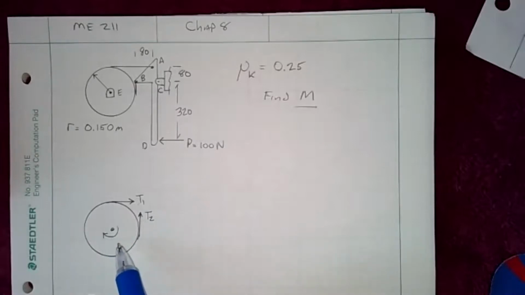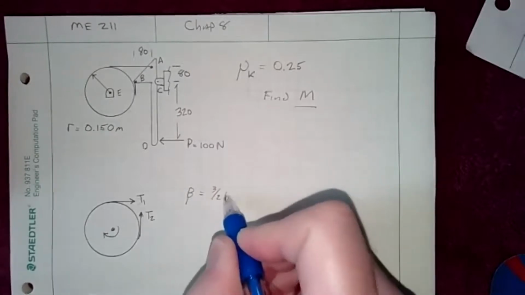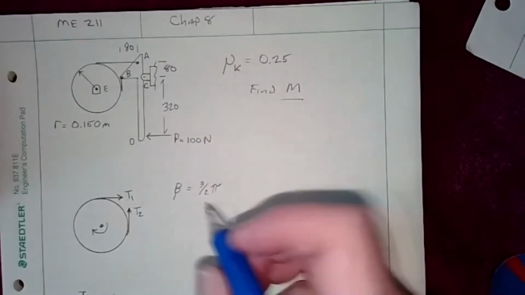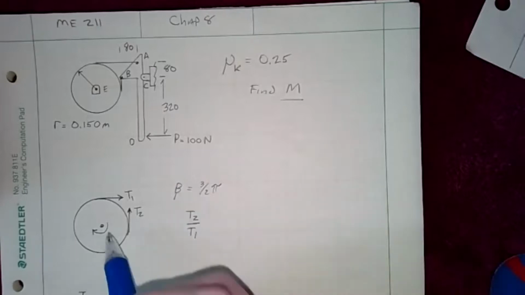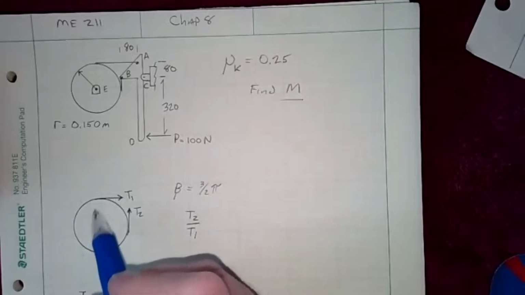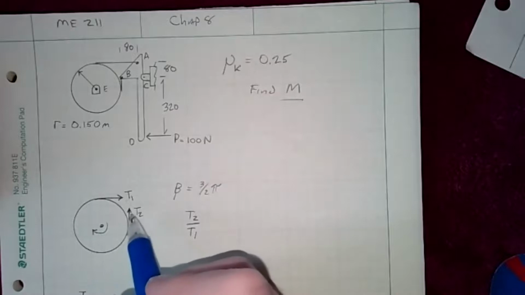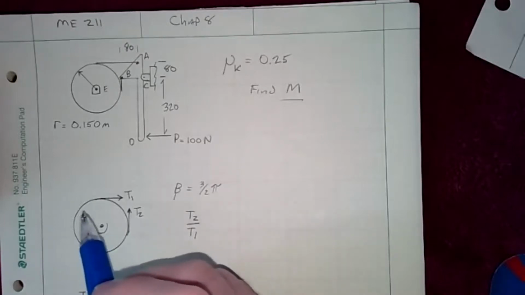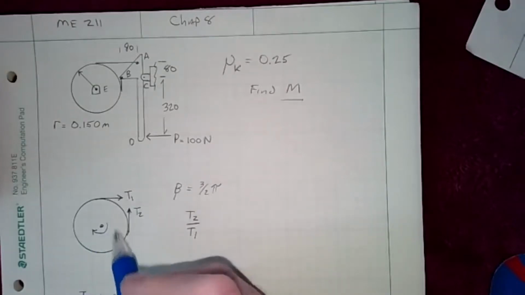So let's just look at the disc itself. In this case, beta is 3/2 pi, and we can write T2 over T1. Because it's rotating clockwise, it's going to be pushing T1 over and pulling this one down. That's how we get the respective T2s and T1s. If you can see that right away by looking at it, it's going to help you a lot, because you can see how this is pulling and working against friction.